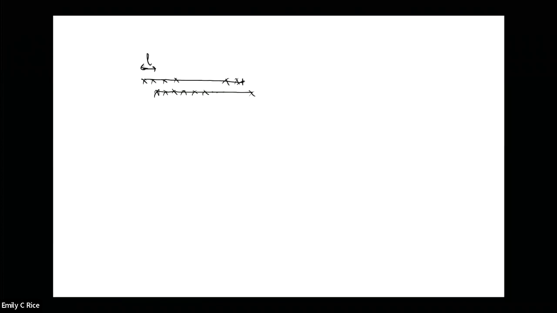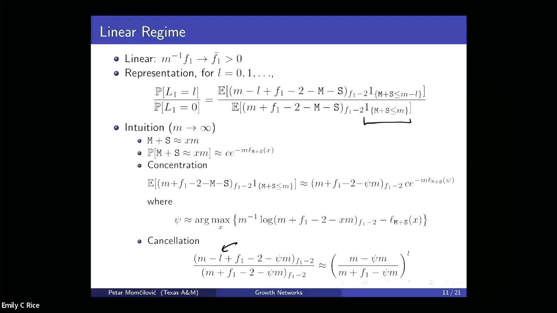You look at this and say these things cancel. What's left is this thing and this thing here. This is in the case where F1 is linear in M, and what you get is this ratio to the power L. Everything cancels, and all I'm left with is this.